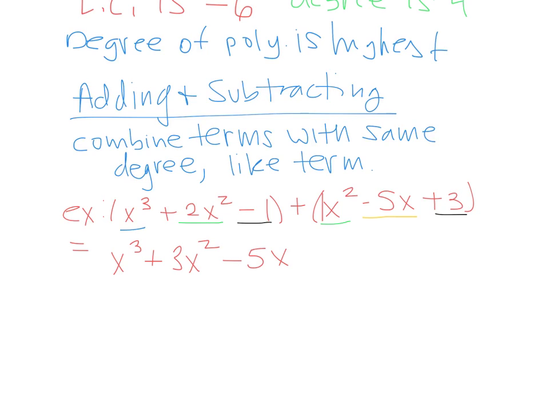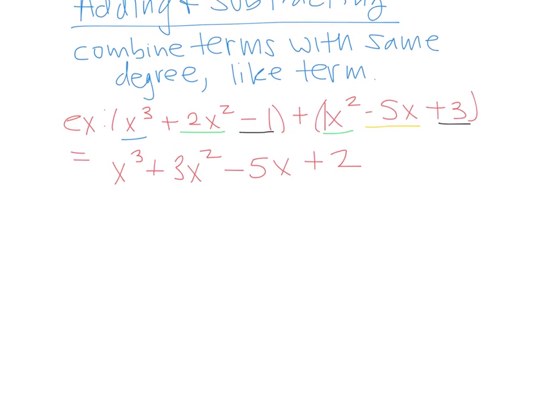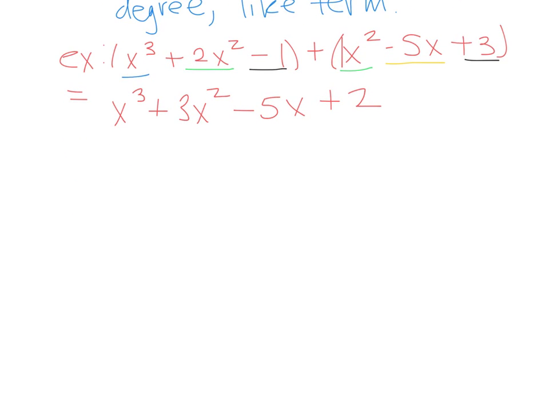And so combining those, negative 1 plus 3, we get a plus 2. So that's the result when we add those two polynomials together. We're just combining terms with like degree, and we do that by adding the coefficients.